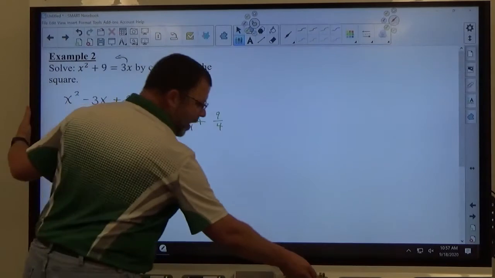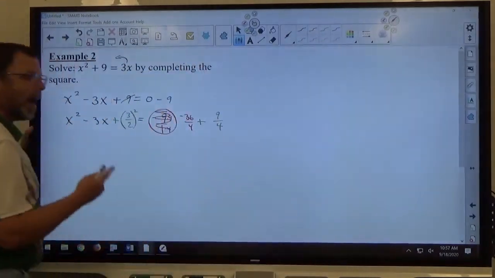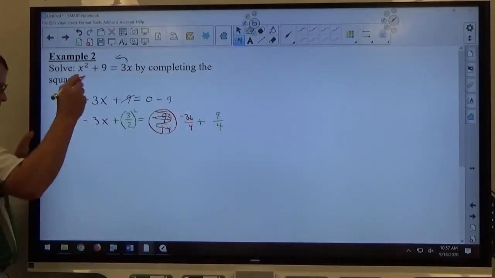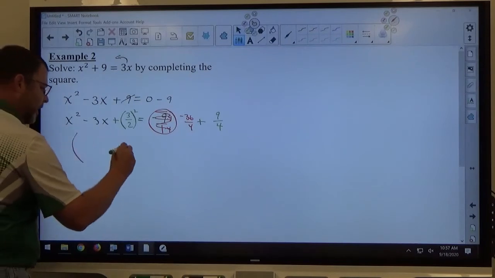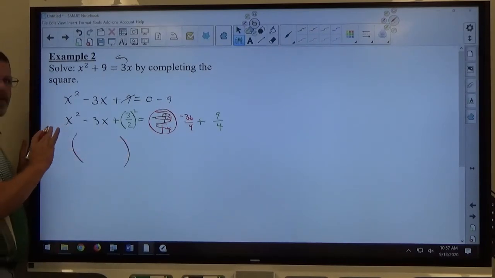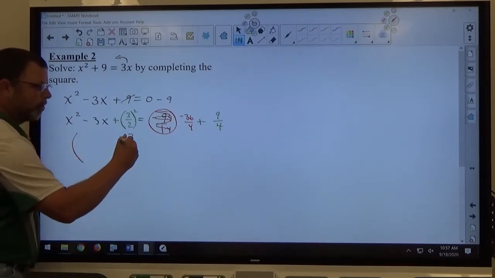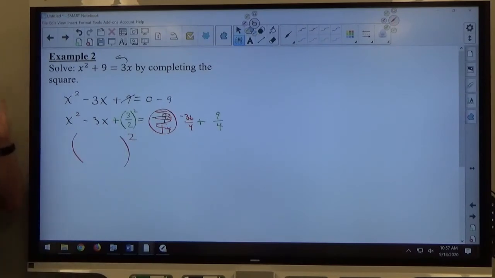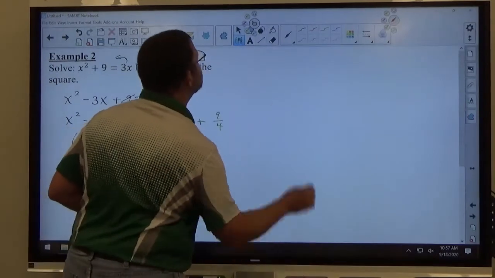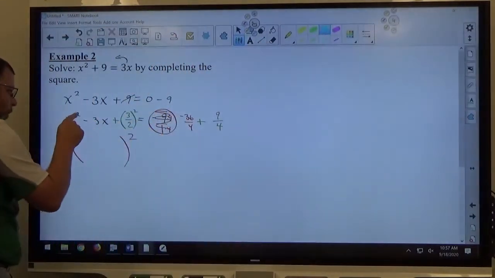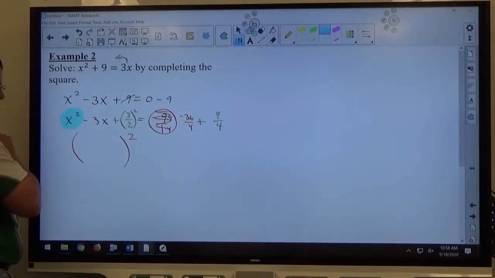So now I'm in my factor step. It says factor the left, add the right. On the left-hand side, just to clarify, every single time this is how we factor it. Put parentheses, squared. There are 3 objects to go in the parentheses. Object 1 is whatever this is without the square on it.